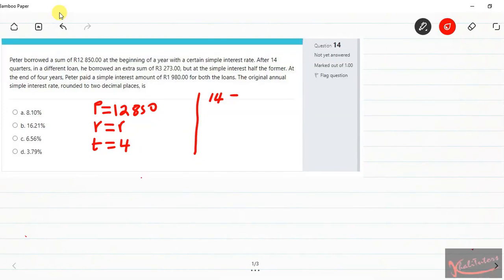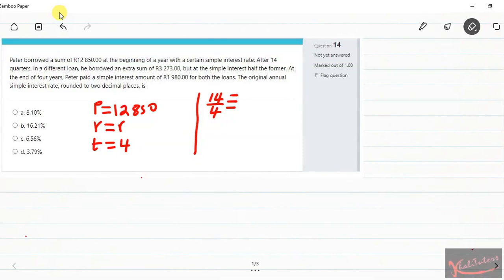Why am I dividing by 4? Remember, each year has 4 quarters, so if you divide 14 by 4, you get 3.5. That means it's 3.5 years.